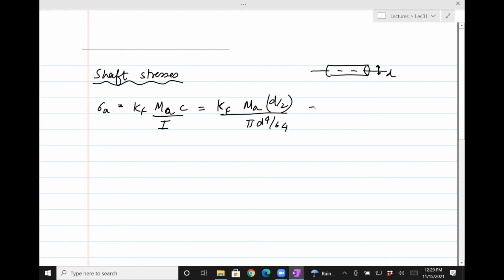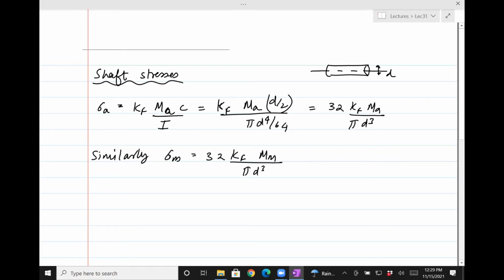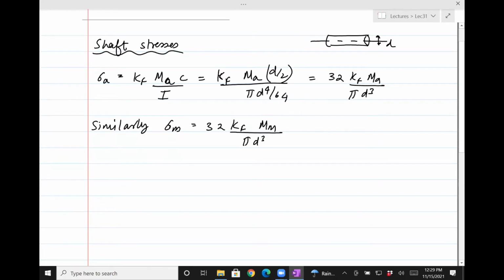If you simplify this, you get 32 Kf Ma divided by pi d cubed. Similarly, sigma m, the mean stress, is 32 Kf Mm divided by pi d cubed. So that is all the normal stresses.